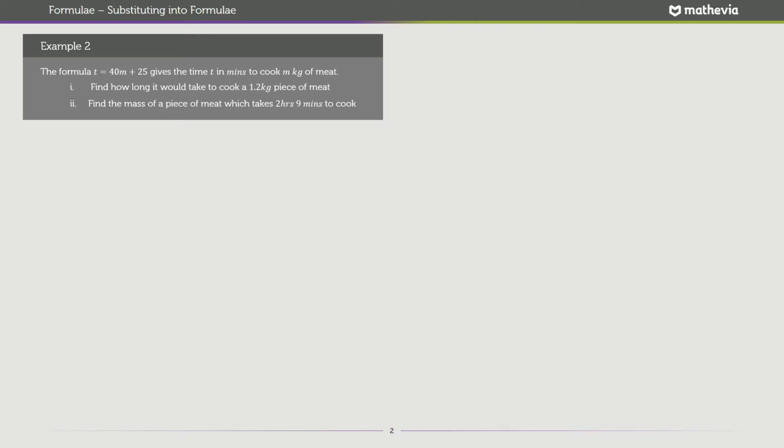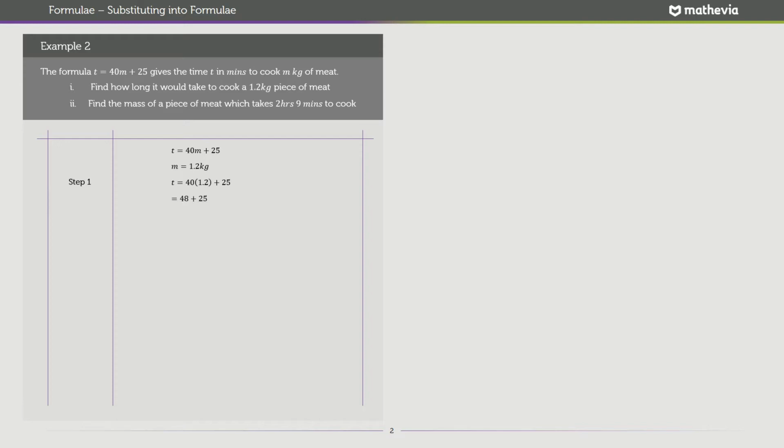We've been asked to find how long it would take to cook 1.2 kilograms of meat. So m is 1.2 kg, and T equals 40 times 1.2 plus 25. We have 48 plus 25, and that gives us 73 minutes.